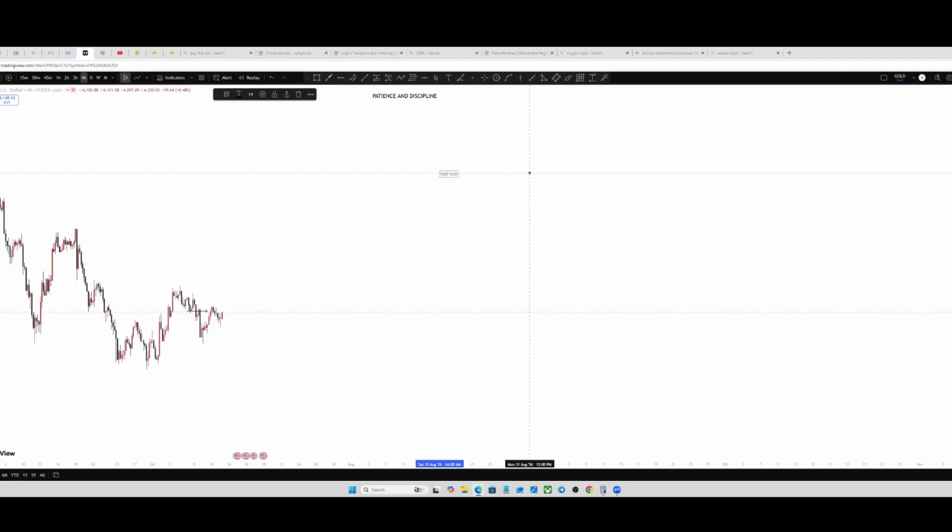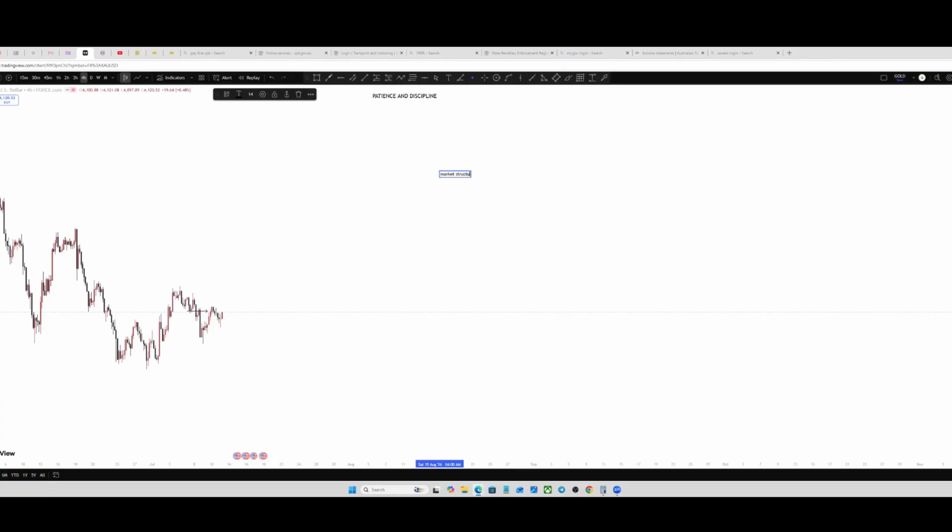So first of all, based on my checklist, what I want to see is structure. That's the most important thing. First of all, we look for our market structure.